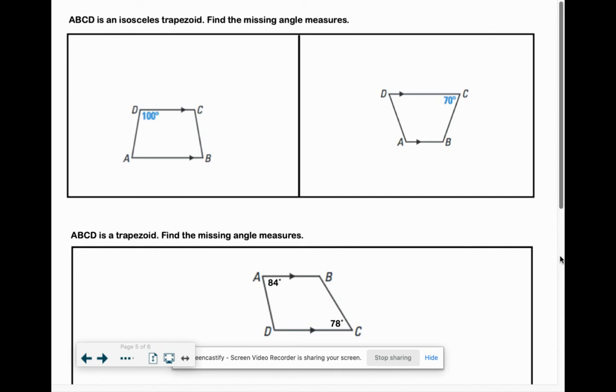Angle C would be 102, right? So those guys are the same. Now what do D and A have to add to? 180, yep, so we can subtract away. And we get 80. And if A is 80, so is B.